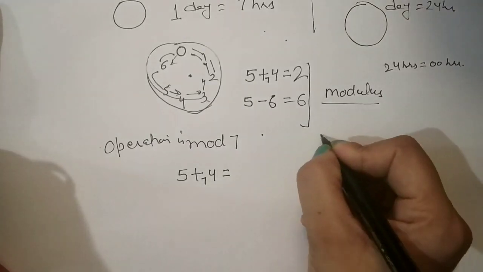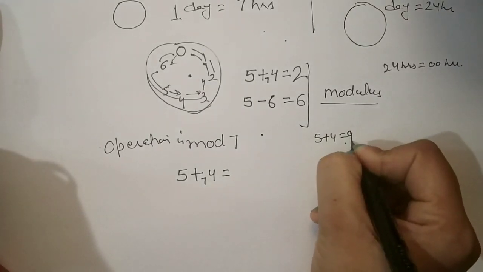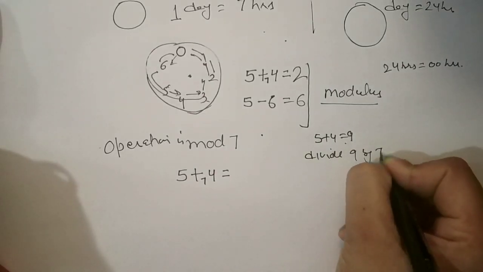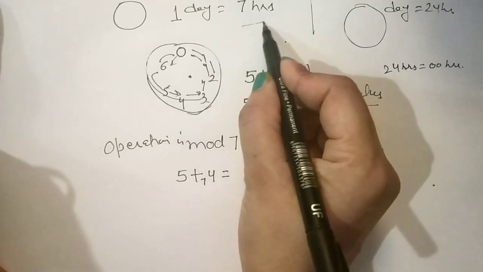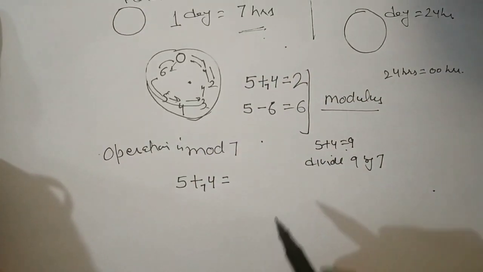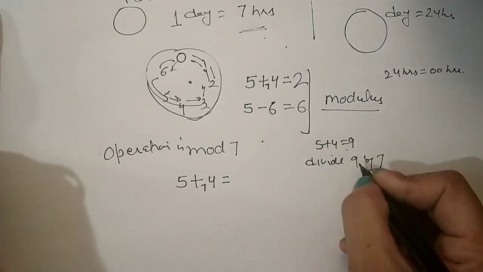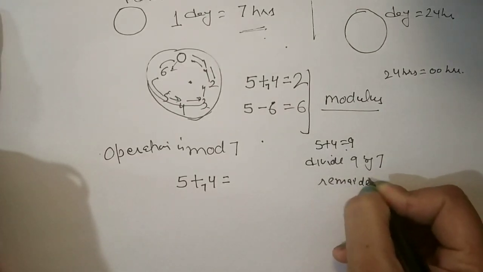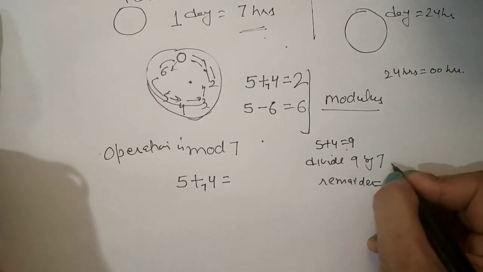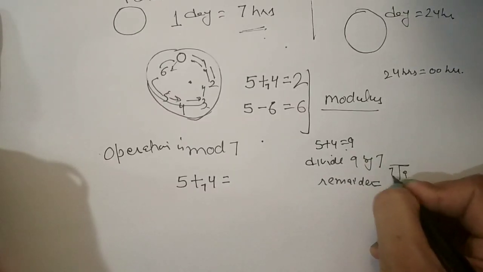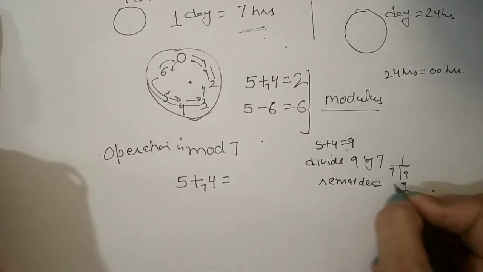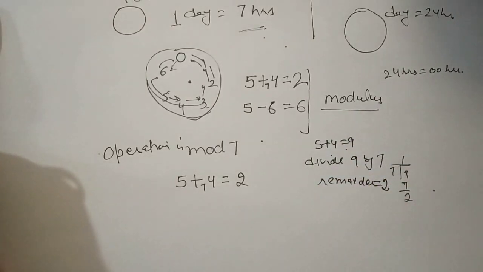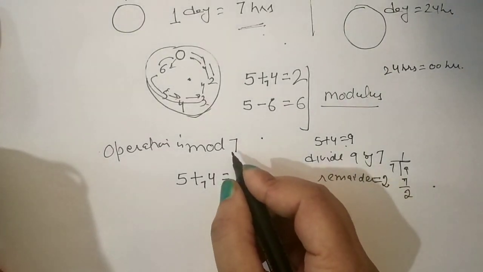When we add 5 and 4, it is 9, and when we divide 9 by 7, why by 7? Because 7 hours equal a day. When we divide 9 by 7, you have to write the remainder, not the quotient. The remainder is 2, so you get the answer as 2. That is the mod 7 relation.